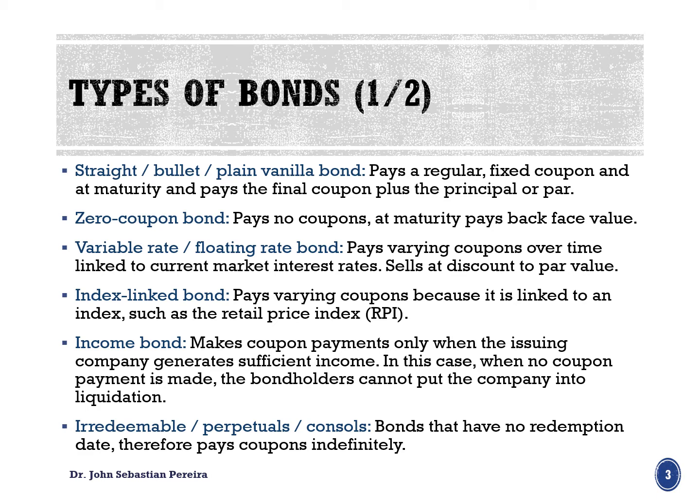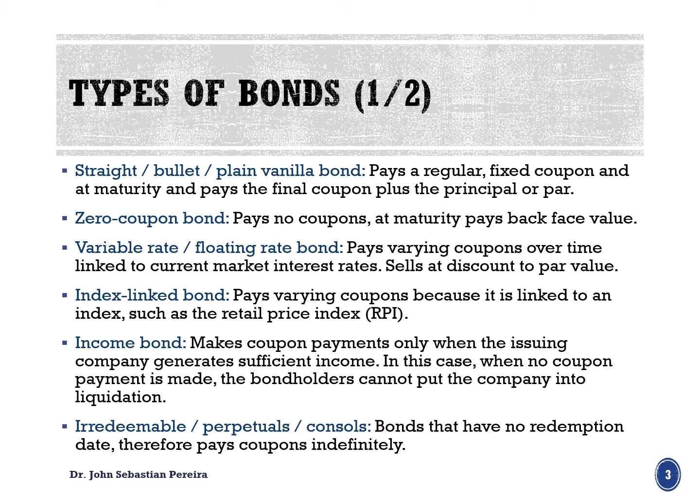Then there are income bonds, which will only make a coupon payment when the issuing company generates income beyond a certain predefined threshold. When it is not able to make that income, the bond will not issue any coupon in that period, and because of the terms of the income bond, an investor cannot force the company into liquidation for non-payment.